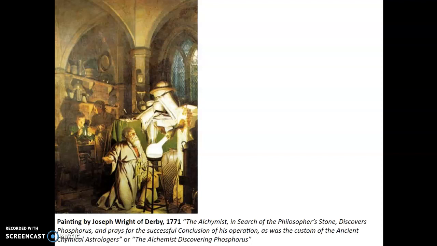And this painting, I think, does a good job of capturing for us the feeling of that balance between the scientific and the mystical nature of alchemy. You can see this alchemist, and he's just discovered phosphorus in its pure form.